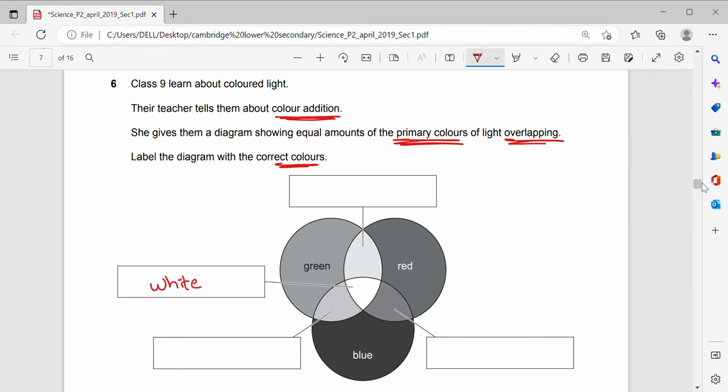Then when white, green, red are mixed together, what do we get? We get yellow. Here the blue, red, white, and green, what do we get? We get magenta.